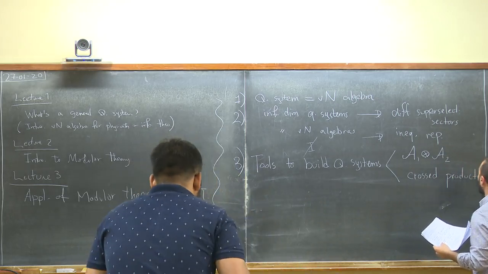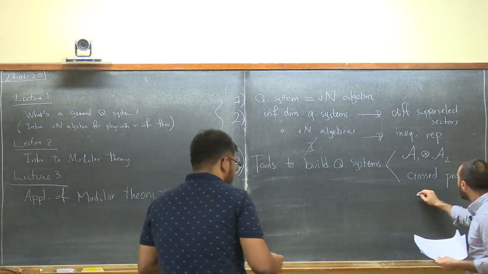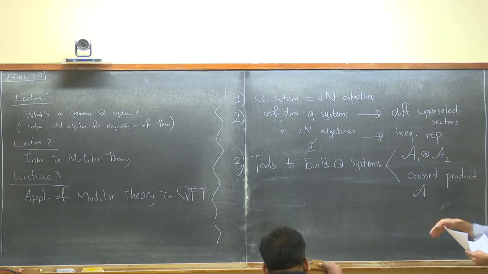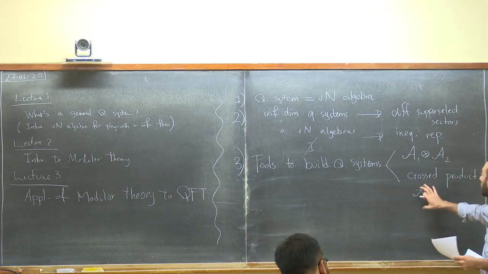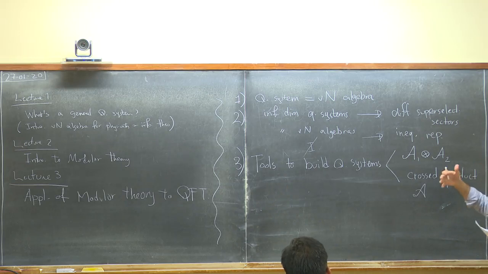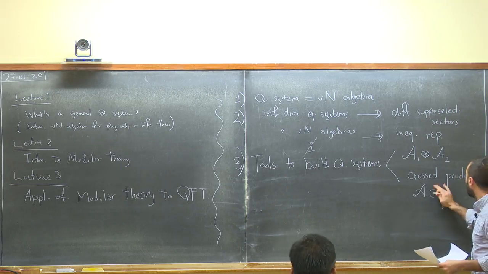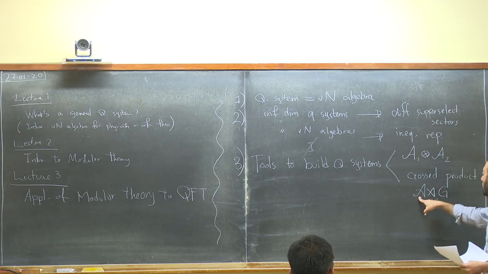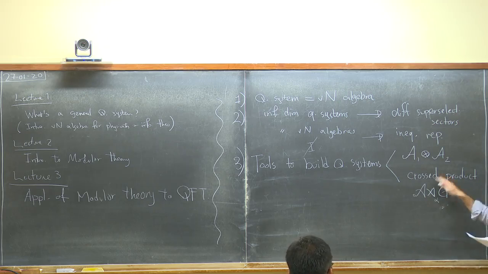It's called cross product. We're going to discuss this a lot. You have a von Neumann algebra, which is a quantum system. You have a symmetry group that acts on it. And you enlarge your von Neumann algebra by the action of the group. So we're going to go over this a lot.